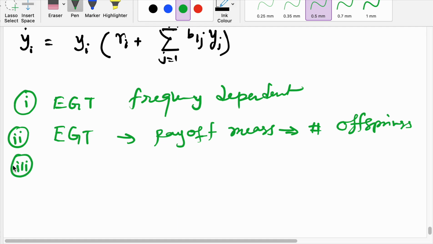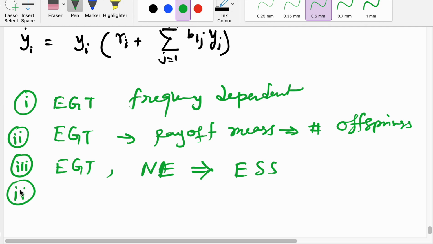And like the classical game theory concept, the Nash equilibrium, in EGT we have the ESS concept.